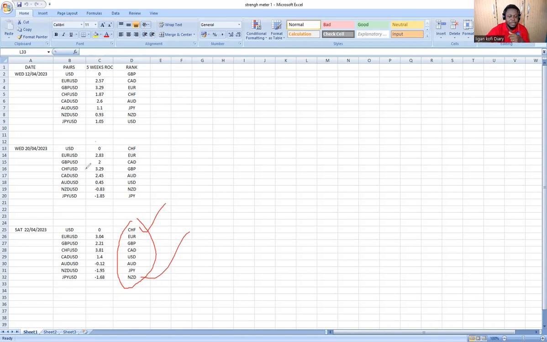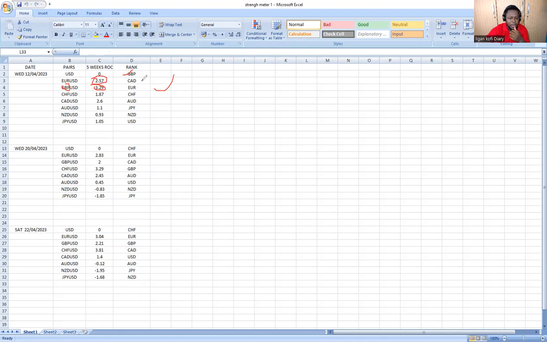The same thing was done here. Same thing. Now, if you look at this one here, you see that all of them were positive numbers. So the bigger one was GBP, which was 3.29. So GBP became the strongest. Followed by 2.57, which is Euro.